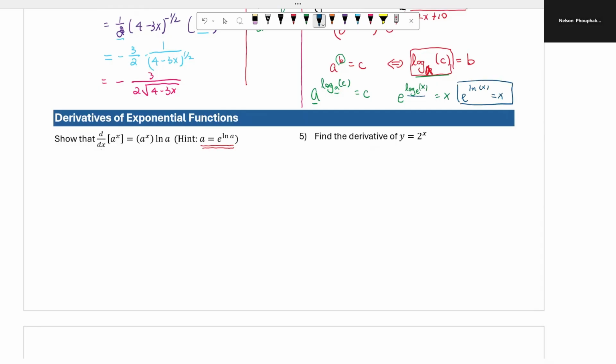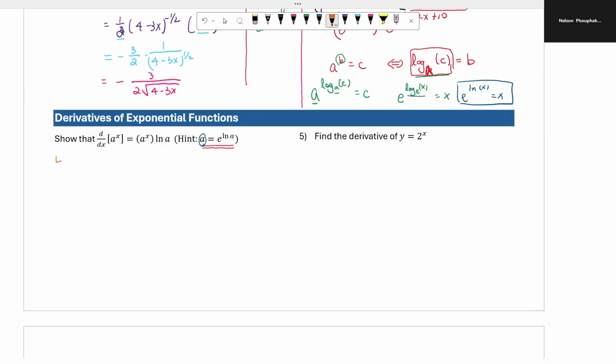So in this case, a will be e to the natural log of a. Let's see how we use this to help us work out this problem.